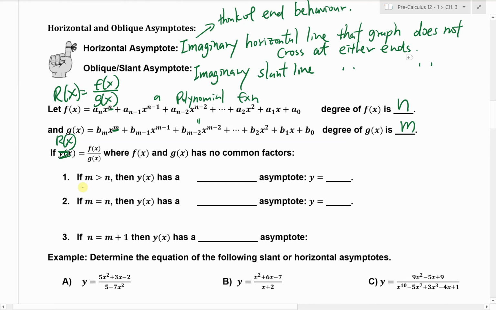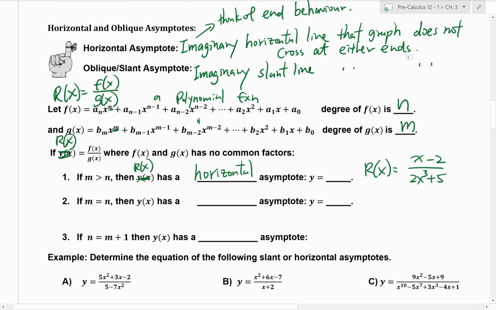So if m is greater than n, that is if the degree in the denominator is greater than the degree in the numerator, then this rational function r of x would have, for example, something like this. Let's say we have 2x cubed plus 5, and we have, let's say, x minus 2, something like that. You can see when the degree in the denominator is greater than the degree in the numerator, in this case, we would have a horizontal asymptote.